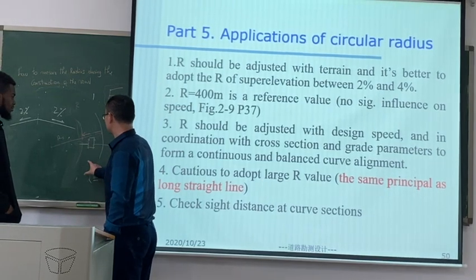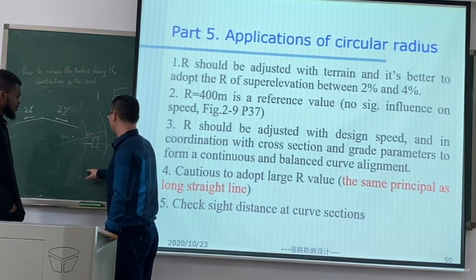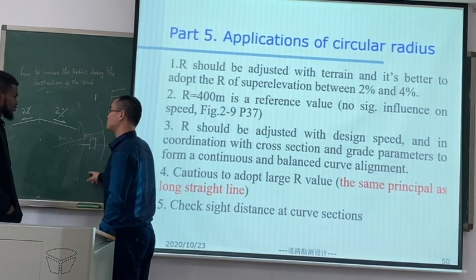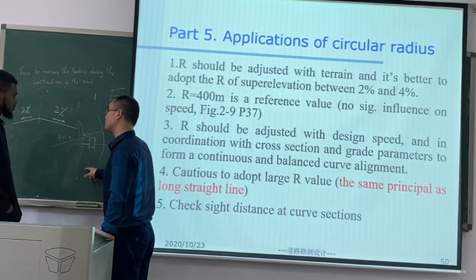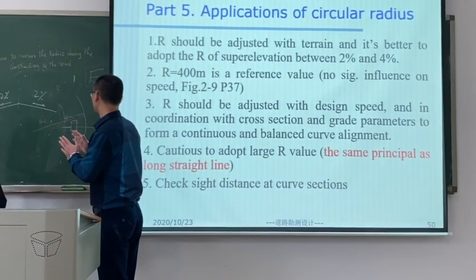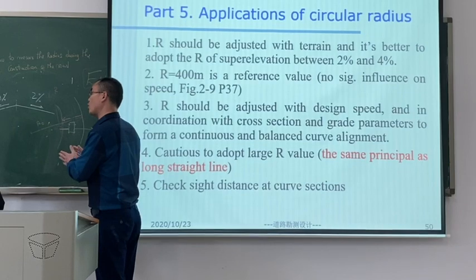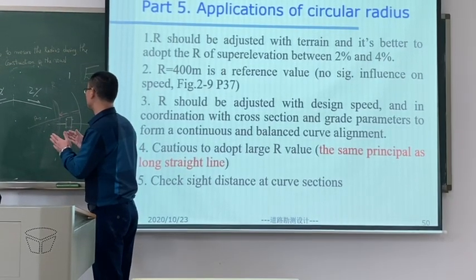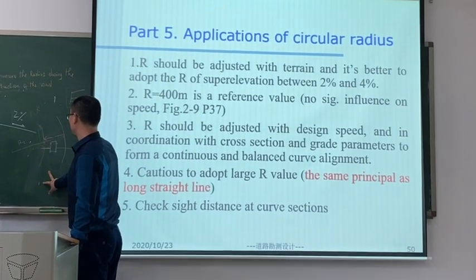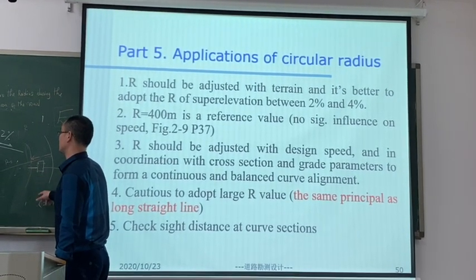We use the coordinates of the center line. Many points on the center line, such as one point every 20 meters, or on a circular curve, we can use one point every 5 meters or every 10 meters.